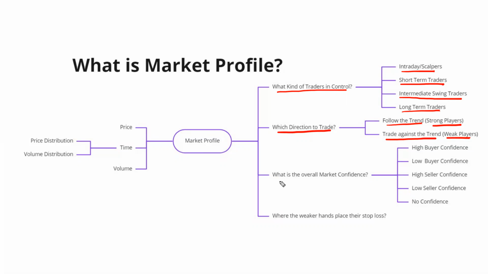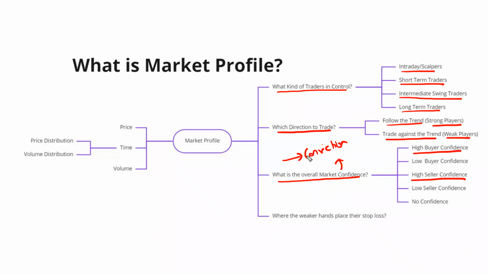Then I also try to figure out the overall market confidence. This is the most important thing which is missing in most indicators. Indicators will never try to explain the overall market confidence. So we classify market confidence into high buyer confidence and high seller confidence. These are strong directional convictions from the traders themselves.